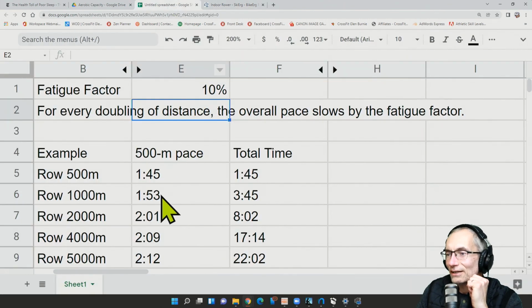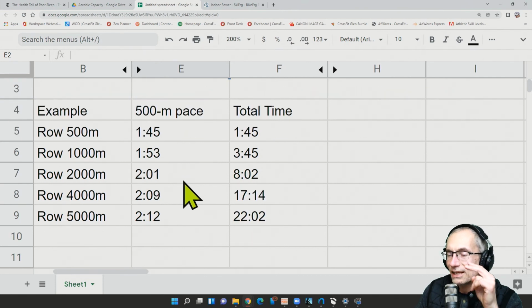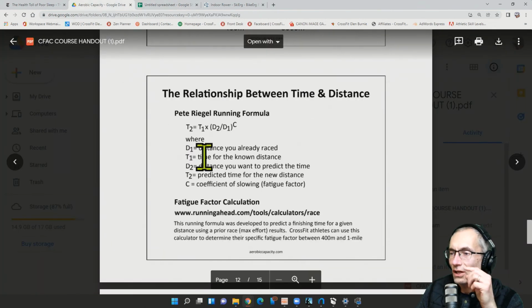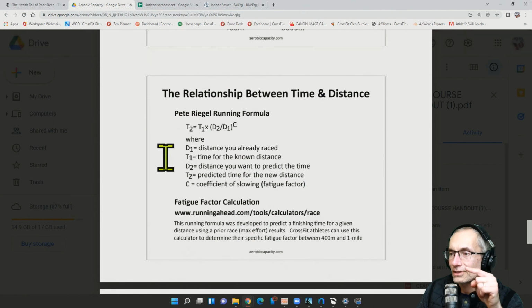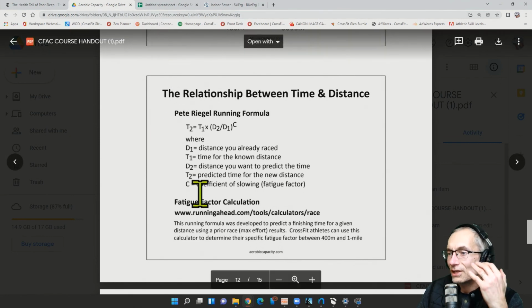So guys, I just wanted to give you some intuition on how you can think about your pacing and how it will decrease with time with the increasing of the distance, and how that's based on a lot of the research and development that Chris Hinshaw and others have done with running. And we can apply this to a lot of our endurance type sports. We know that there is a fatigue factor.